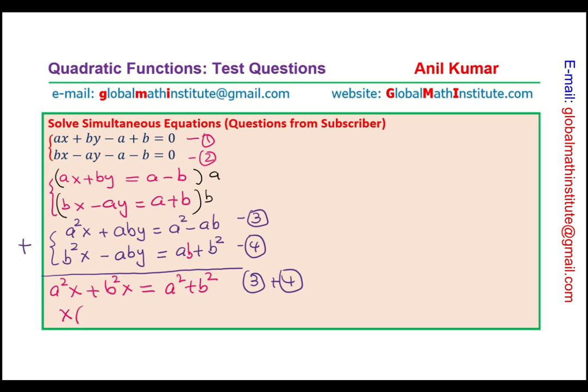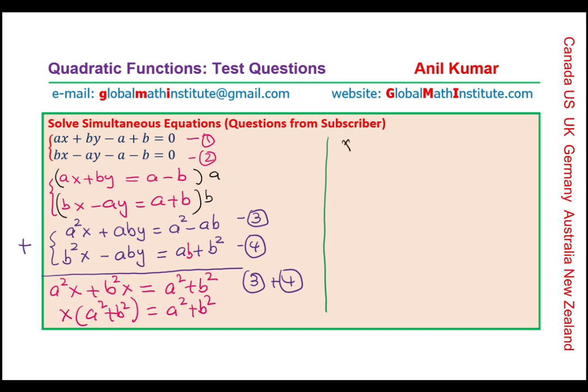Now if x is common, then you have a square plus b square on the left hand side also, right? So clearly from here, what is the solution? Well, x is equal to a square plus b square, again divided by a square plus b square, which indeed is 1. So we know x is 1, right?